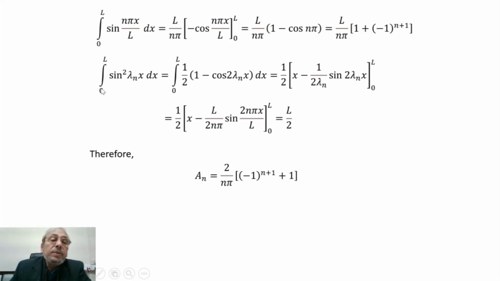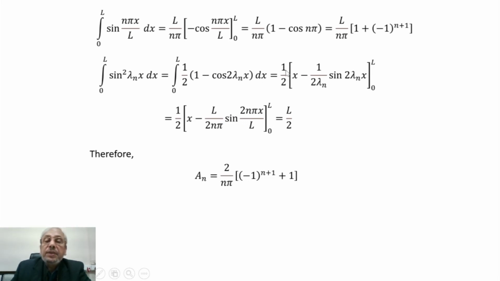Now 0 to L sine square lambda n x dx. This we can write basically sine square theta equal to half 1 minus cos 2 theta. That trigonometrical identity we use. So half 1 minus cos twice lambda n x dx.